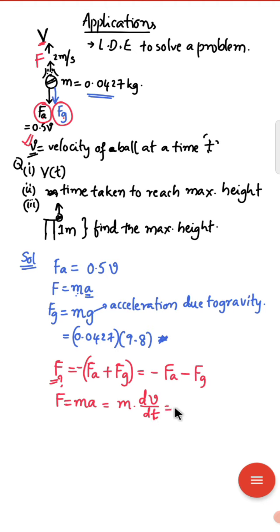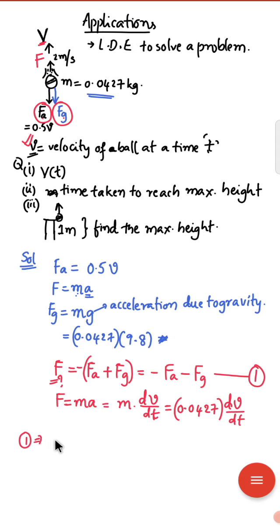As we already know, m is 0.0427 into dv by dt. So now we substitute all the parameters in the equation. Let's say this is equation 1.